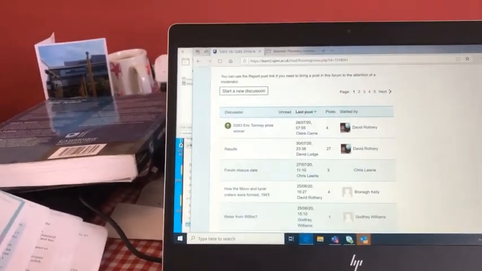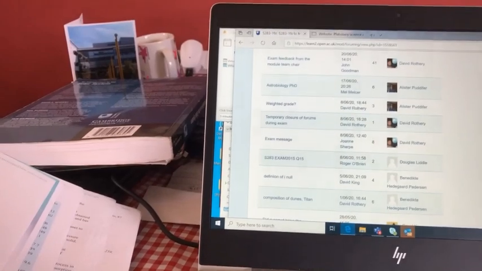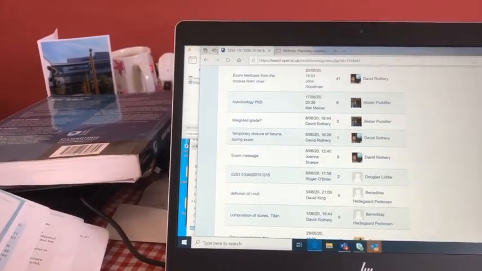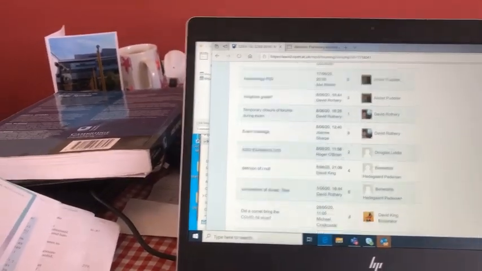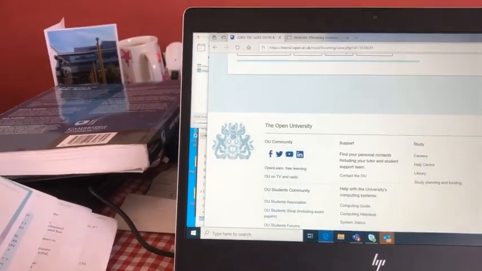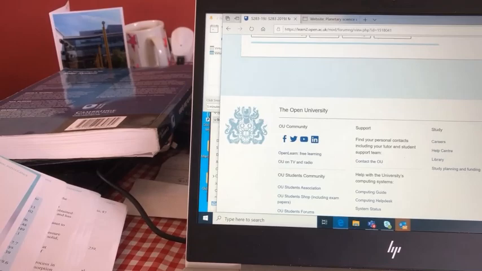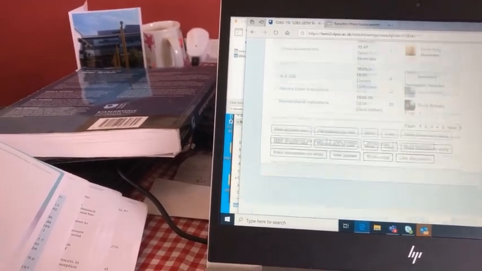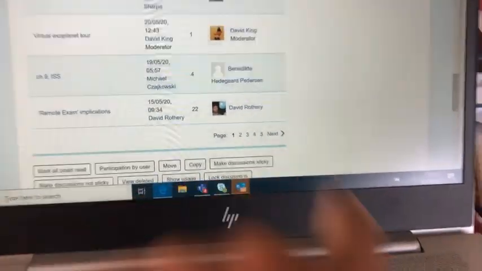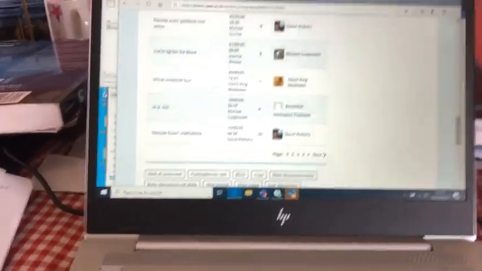There is a prize for the student who does best in the exam, and a lot of discussion going on all through the year. This is one page out of how many pages did we have in the end? Just in the main forum, come on. Oh well, more than 5 pages of discussion threads we had there. So a very lively forum.